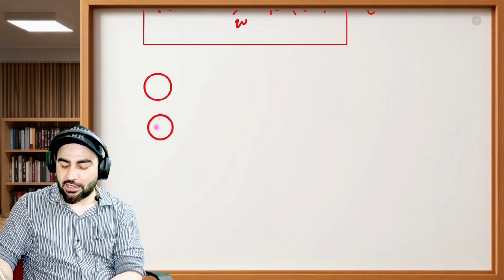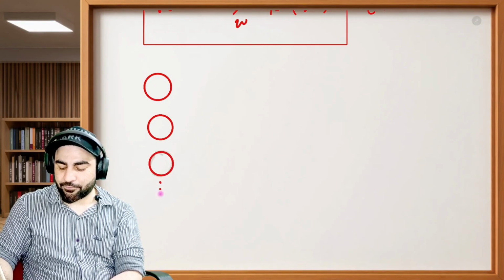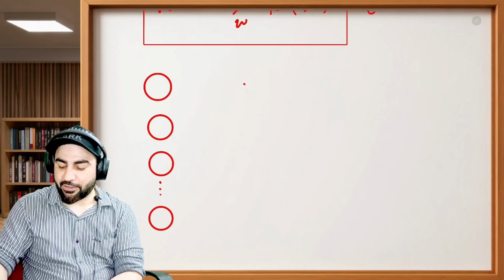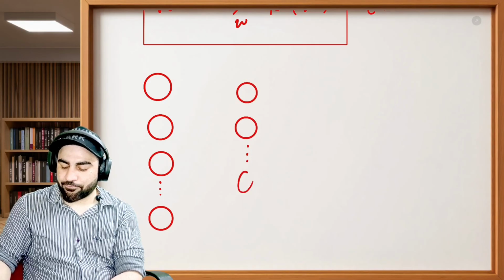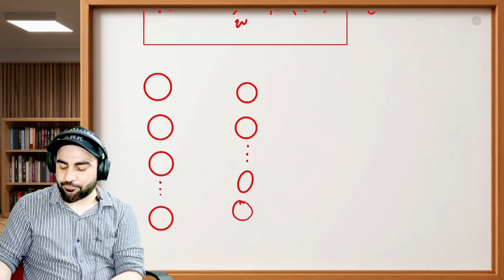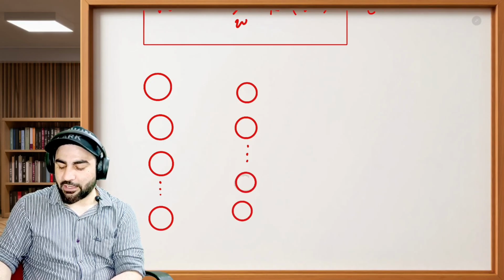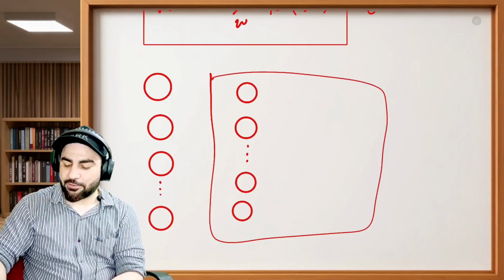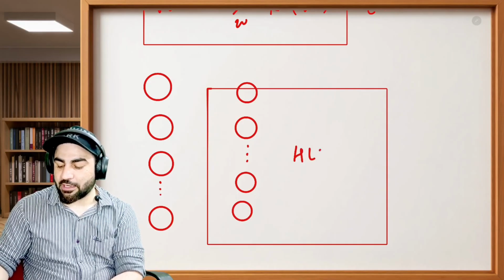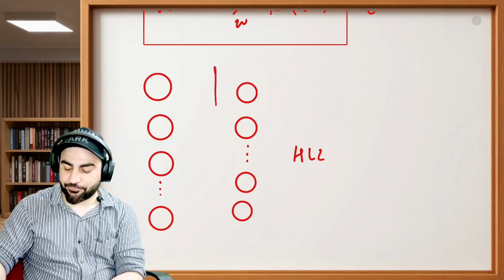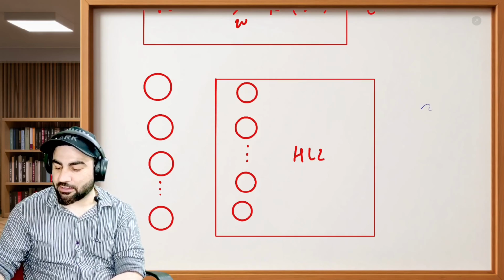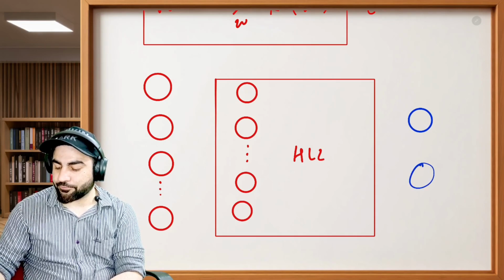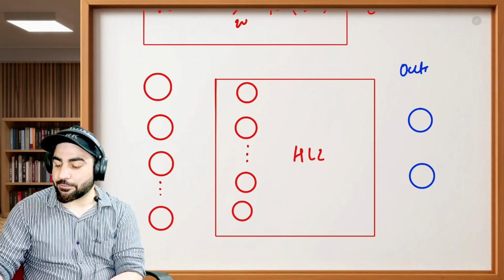You had an input layer, and then you have some hidden layers in between, a lot of them. Then you had output layers, which were giving you the output.